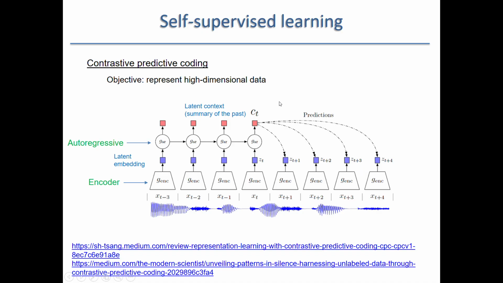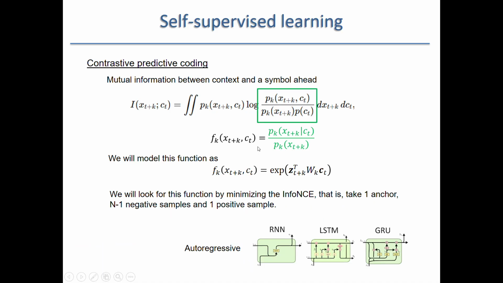That is why it is called predictive coding. And the goal of these networks is to represent high-dimensional data. This can be done with sequences, as I showed here, but it can also be done with images, and we will see an example later.